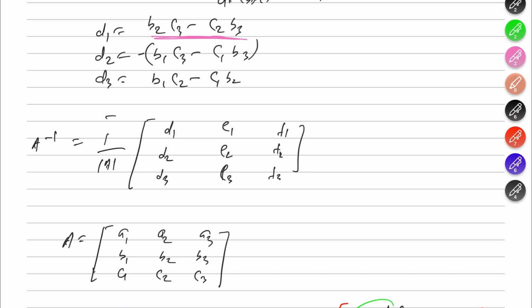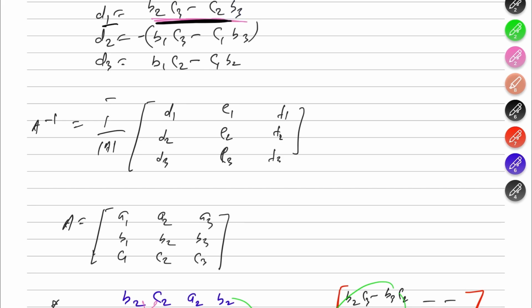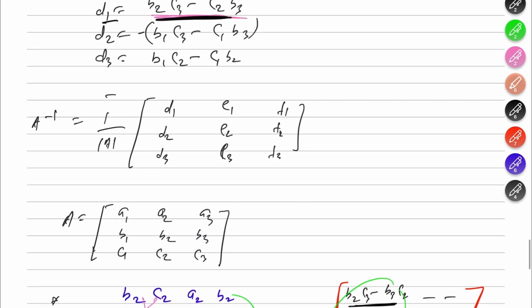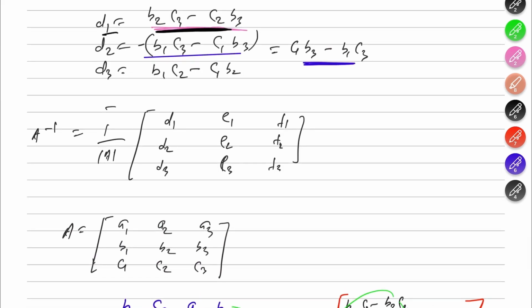You see this is nothing but D1. What is D1? B2 C3 minus C2 B3. This is this part. Then the second row is minus B1 C3, which converts into C1 B3 minus B1 C3, so this is B3 C1 minus B1 C3.